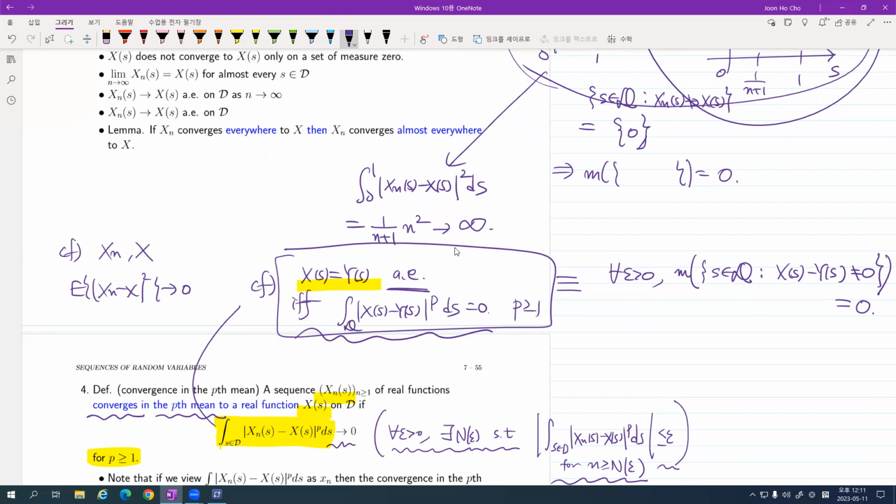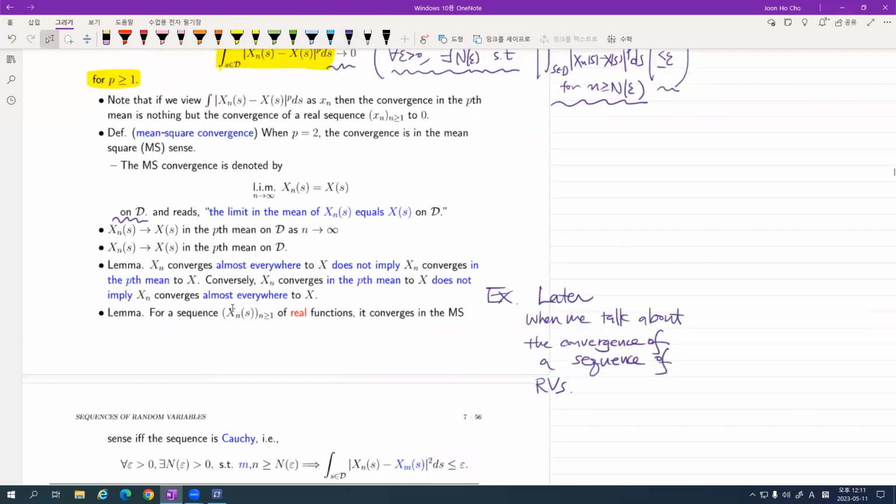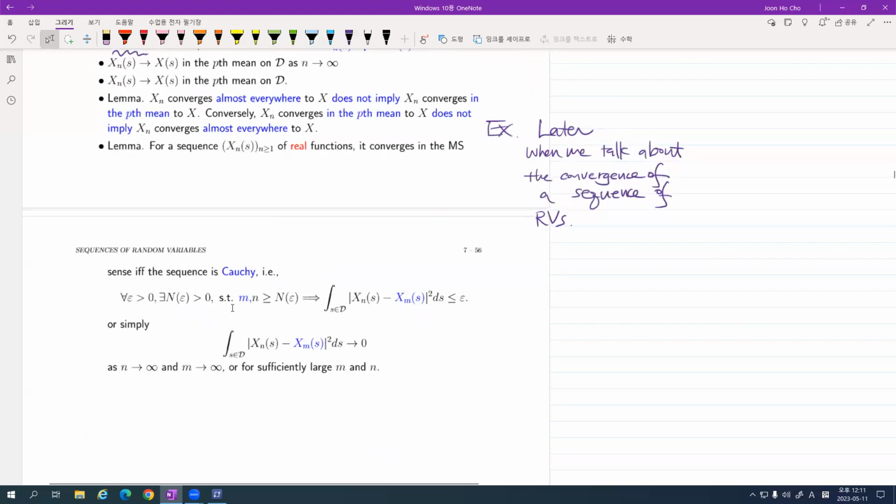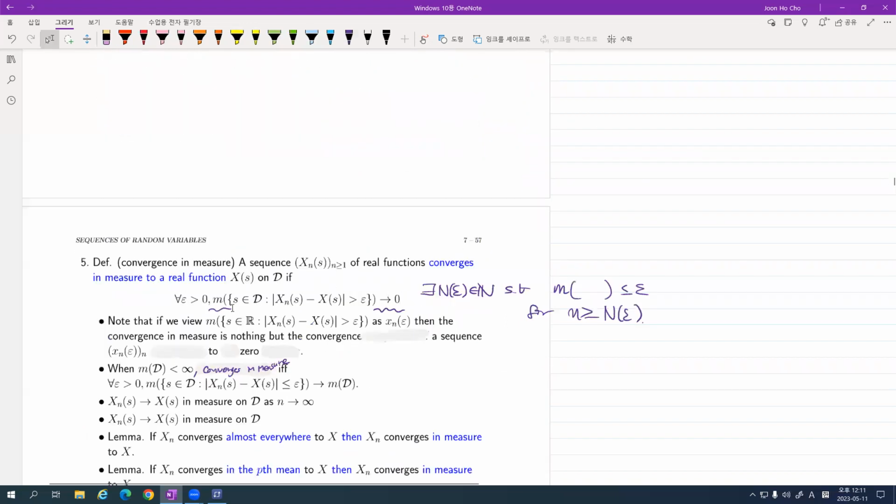So we do the similar thing, and here goes the definition. We take every epsilon positive first, and then we of course measure the subset of S. But now for each n, we have a function to be compared with our limit.